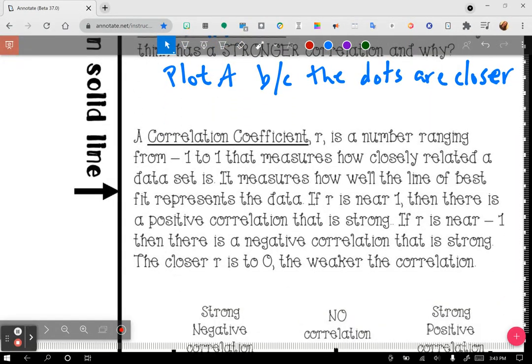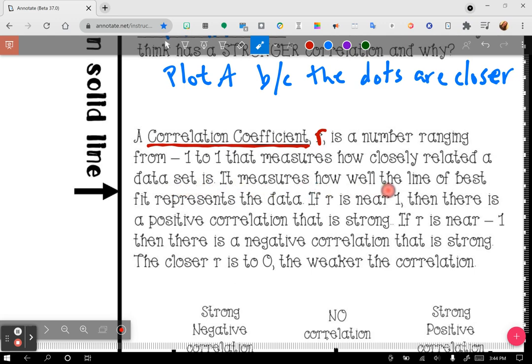And we have this thing called a correlation coefficient. It's represented by the letter R. It is a number ranging from -1 to 1 that measures how closely related a data set is.